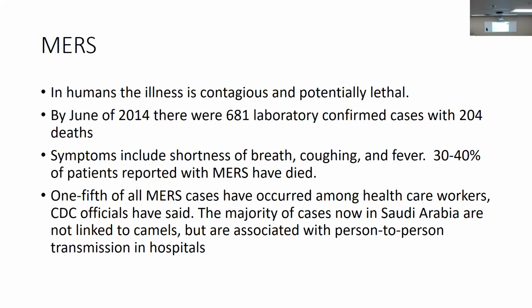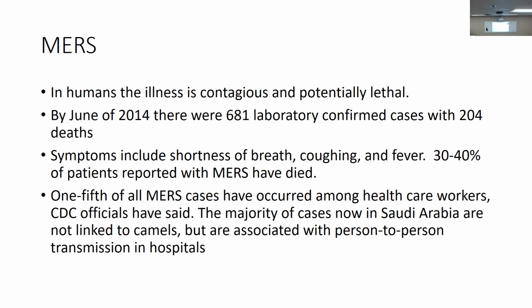In humans, illness is contagious and potentially lethal. By June 14, when did this start? 2012, right? 681 laboratory confirmed cases, 204 deaths. That is a high death percentage, wouldn't you say? That's almost half of the people that got it died.